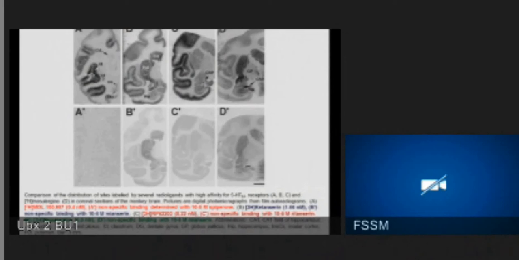Maybe you could use the non-specific binding, which is in A prime, B prime, and C prime, to argue. And at the end, I will ask, what is the best ligand in this experiment?